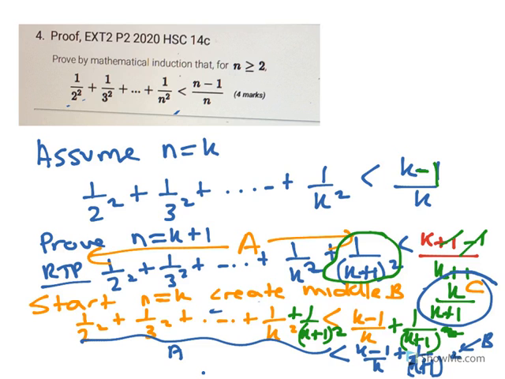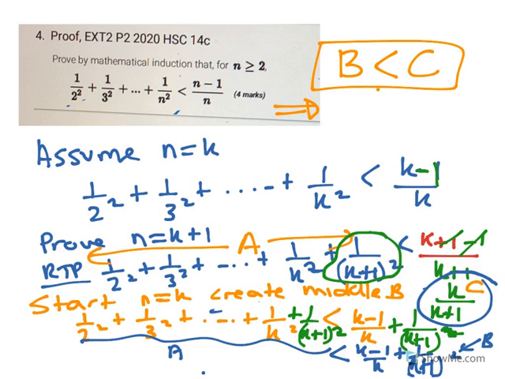And if a is less than b, which is less than c, then a will be less than c. Okay, so what we're going to do is prove that b is less than c. And then if this is true, then a will be less than b. That's what we know from our assumption. And then if that's less than c, then a will be less than c. That's the method of our proof.